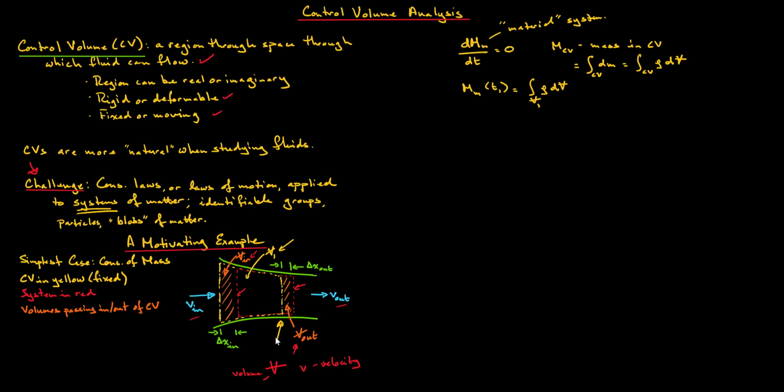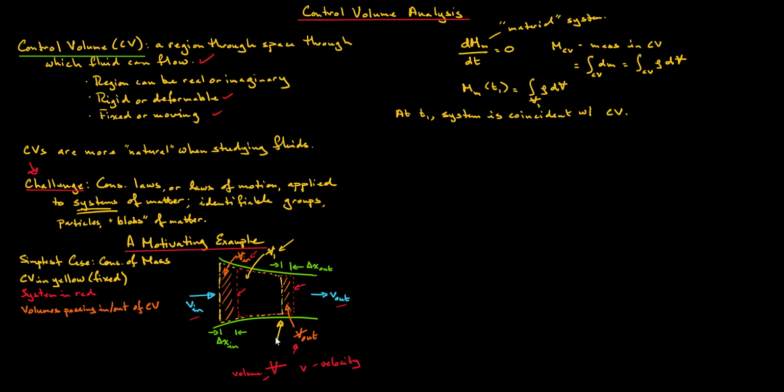So at time t1, the system is coincident with the CV. What we're saying here is that our red outline overlaps with the yellow outline.